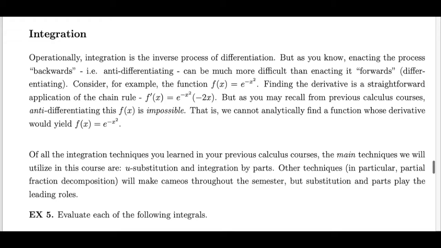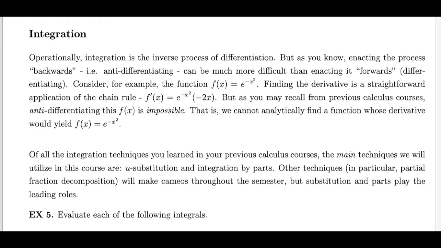Next, I want to turn our attention to integration. On the one hand, integration is just the inverse process of differentiation. That said, I don't know if this is your experience, but in my experience, I feel that trying to enact this process backwards, that is, trying to anti-differentiate, can be much more difficult than enacting it forwards, that is, taking the derivative.